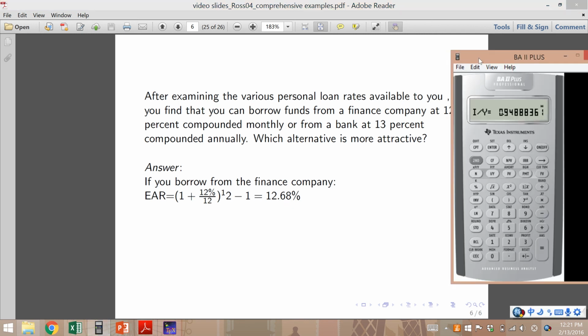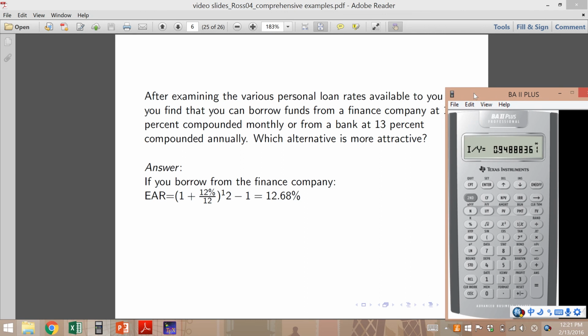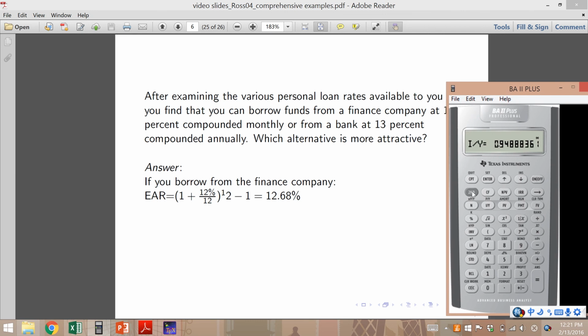Again, I want to show you how to use the financial calculator. Let me show you how to use the I conversion. Second, I over Y. And for the nominal interest rate, remember to change everything. The nominal interest rate is 12%. And then you go down.